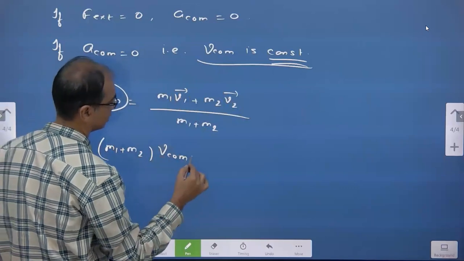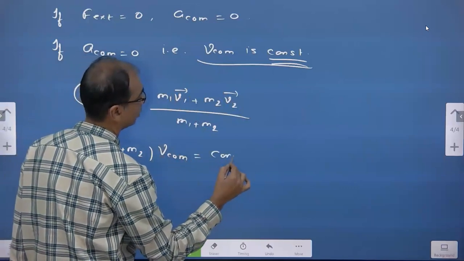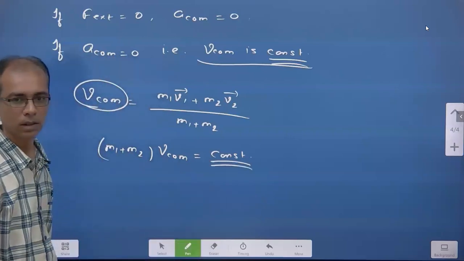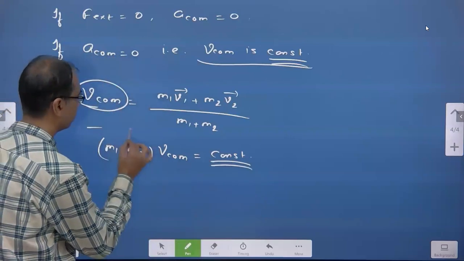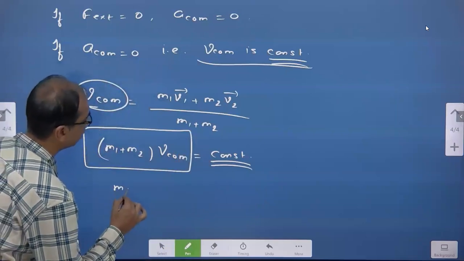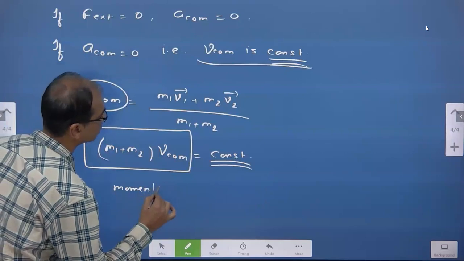What is this? This is called momentum. Momentum of the system. That means momentum of the system is constant.